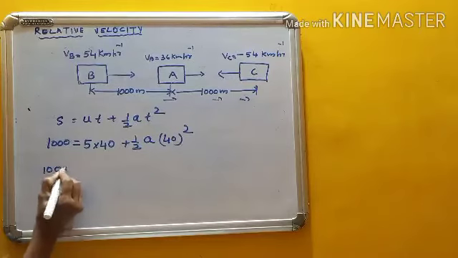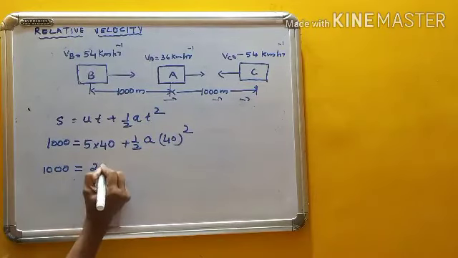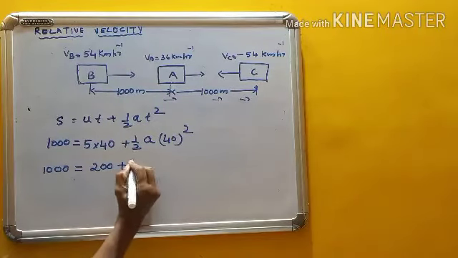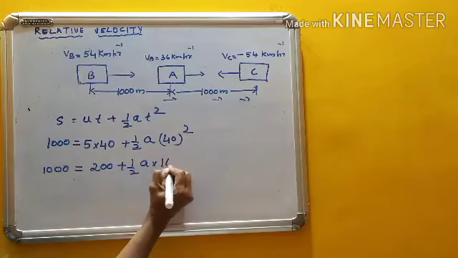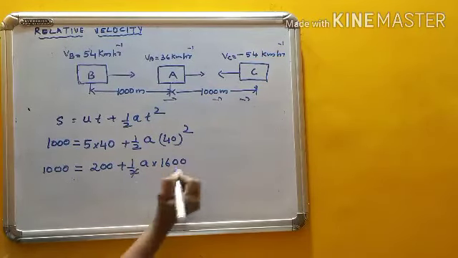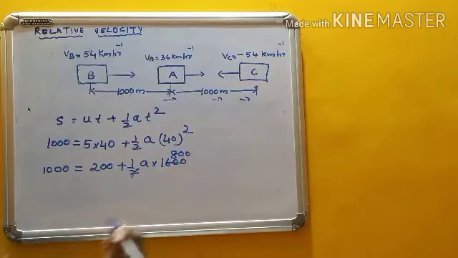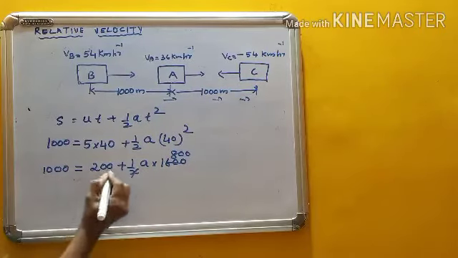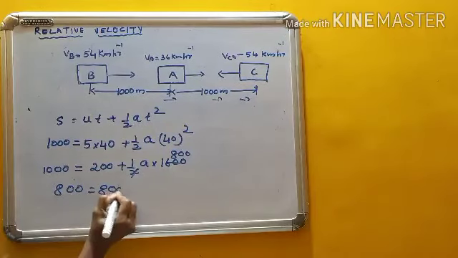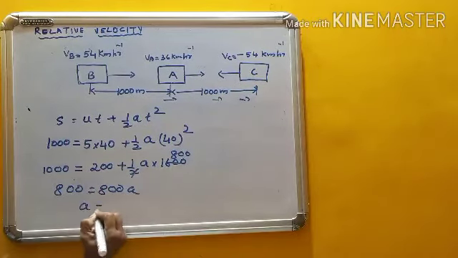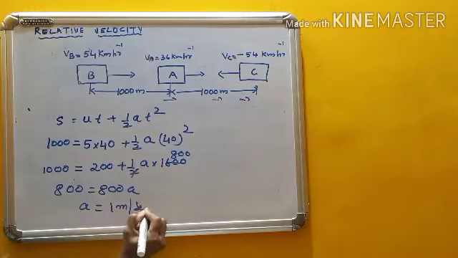So 1000 equals 200 plus half a, 40 into 40, 1600. So it's 800. So 1000 minus 200, that is 800, equals 800 a, or a is equal to 1 meter per second square.